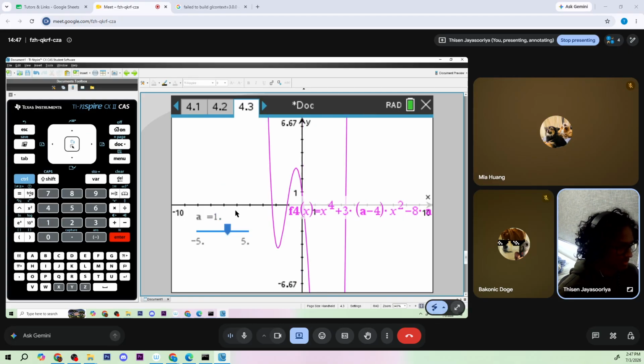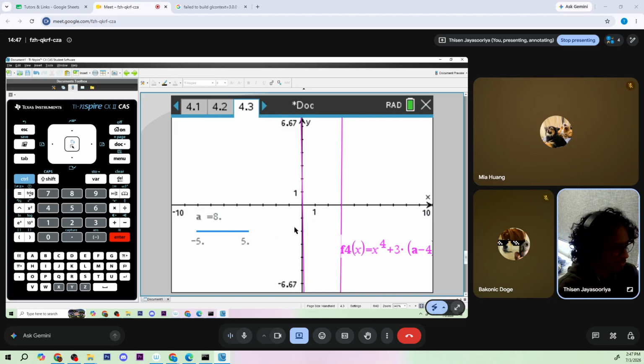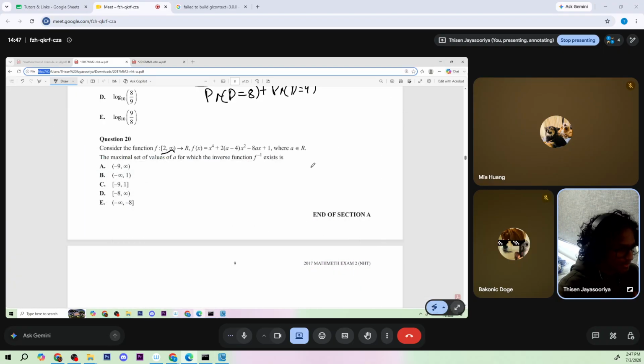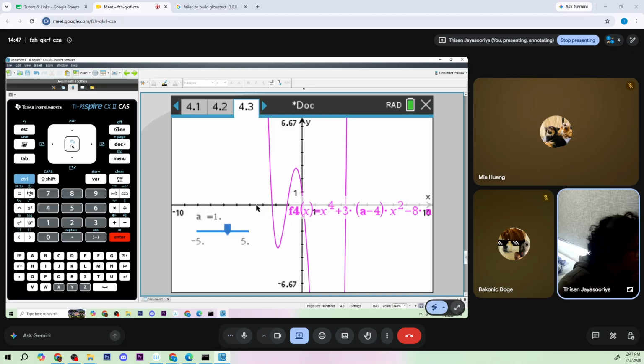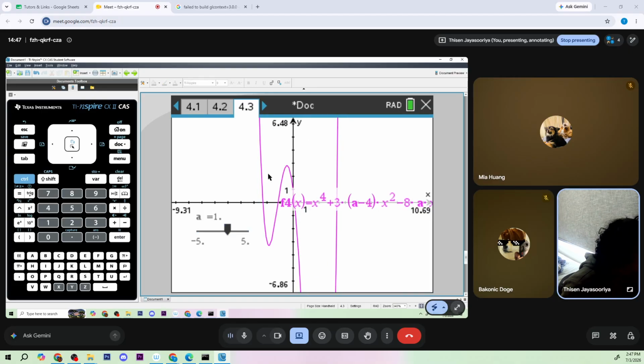So here, this is when it's greater than 1. This function isn't 1 to 1 when x is greater than 1. So let's go all the way to 8. Oh wait, this is negative 8. Okay, so none of those have yielded me anything.